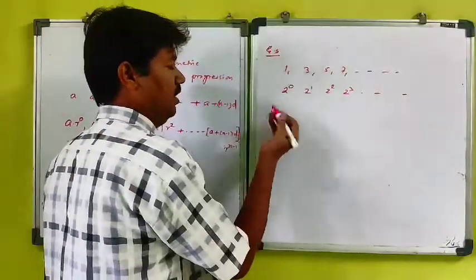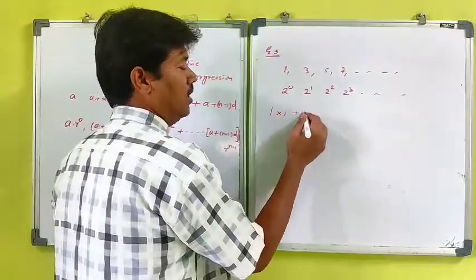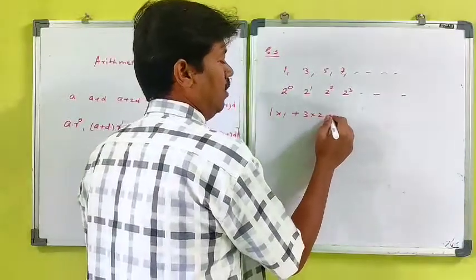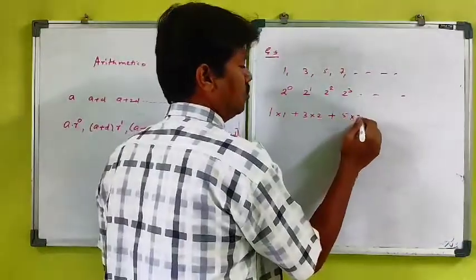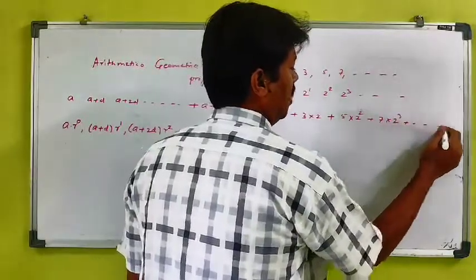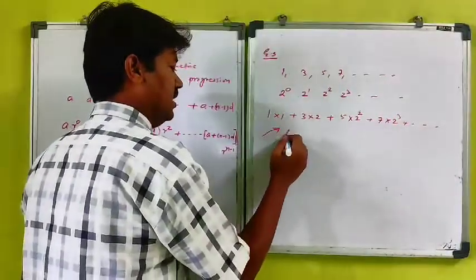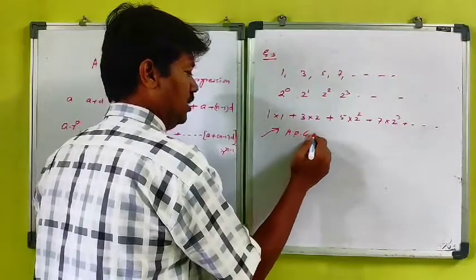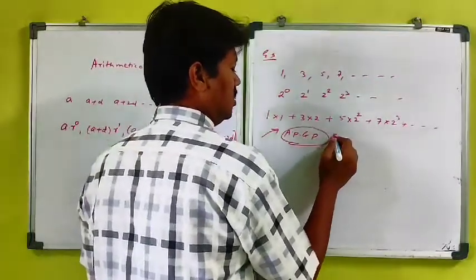So we can say 1 plus 3 into 2 plus 5 into 2 square, plus 7 into 2 cube. So this is called an AP-GP, arithmetico geometric series.